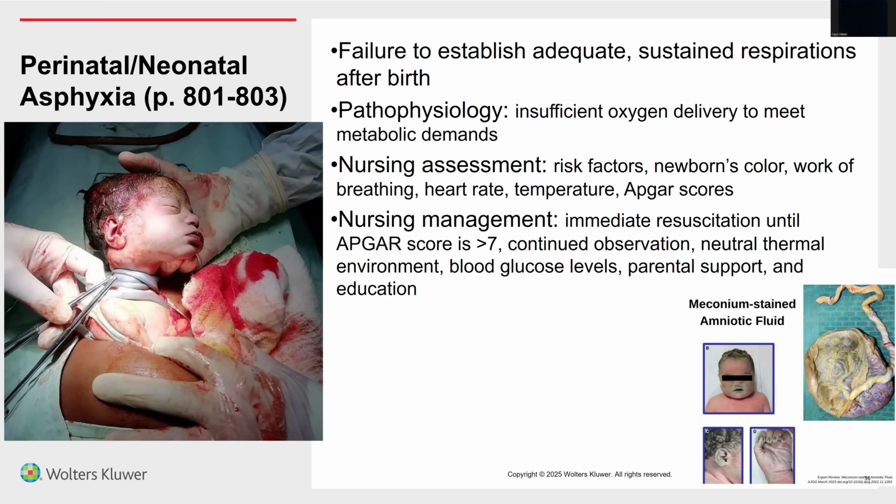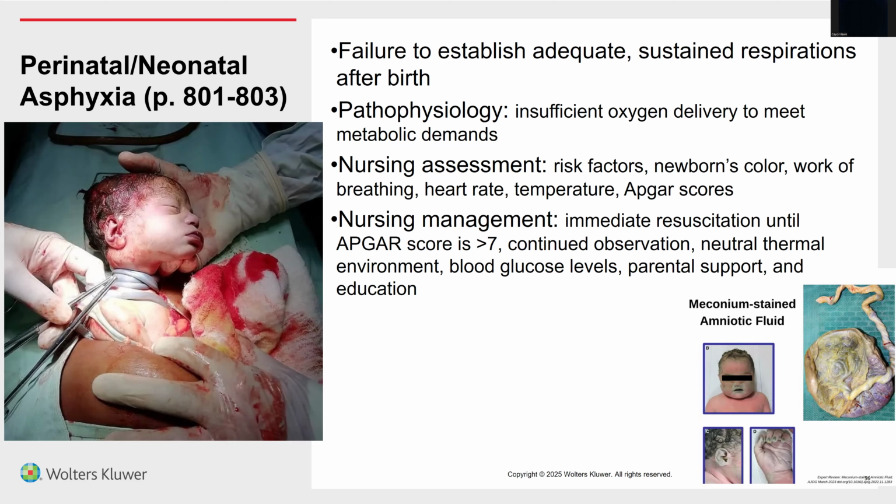So any condition that reduces oxygen delivery to the fetus, such as maternal illness or disease like diabetes, PIH, heart or kidney disease, maternal anesthesia or opioid analgesic administration, preterm delivery, multiple births, fetal anomalies, meconium aspiration syndrome, prolonged maternal labor, fetal distress or fetal heart rate category 2 or 3 tracings, intrauterine growth restriction, first ever pregnancy and delivery, bloody amniotic fluid, and placental abruption are all risk factors.